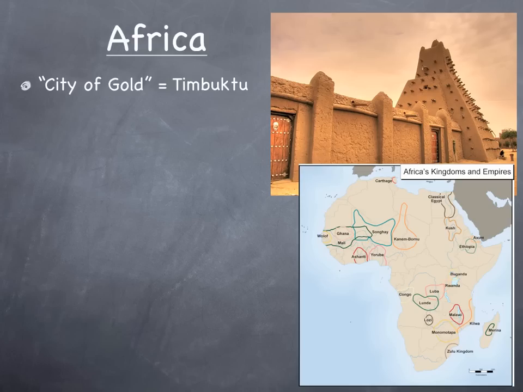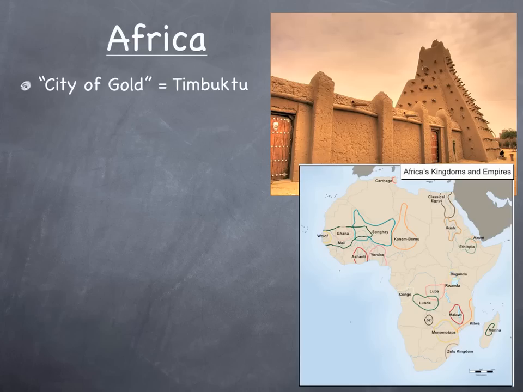Some have come and gone, long come and gone. Zulu, classic Egypt, Kush. Ethiopia is still present. It's still going on. Ghana's gone, though, and by 1500, Mali, too, will be gone and taken over by the Songhai.